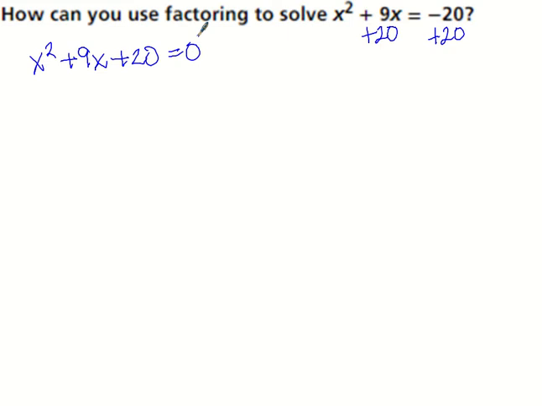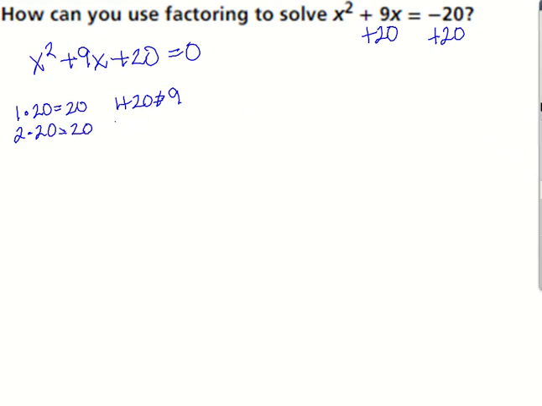Now, we are solving by factoring. So remember, factoring is where we look at what multiplies to 20 and then adds to 9. So, right, 1 times 20 is 20, but 1 plus 20 is not 9, right? That's what I'm looking for. So like 2 times 20, I'm only doing this as a reminder, but, oh, not 20, 2 times 10. Let me fix that.